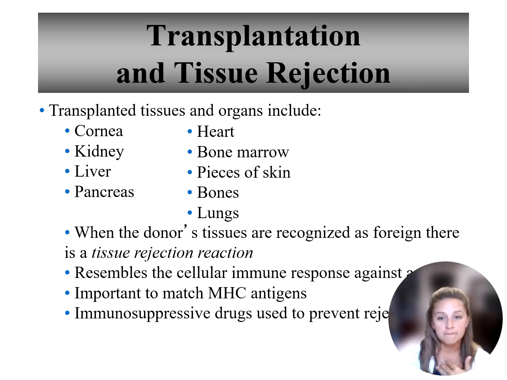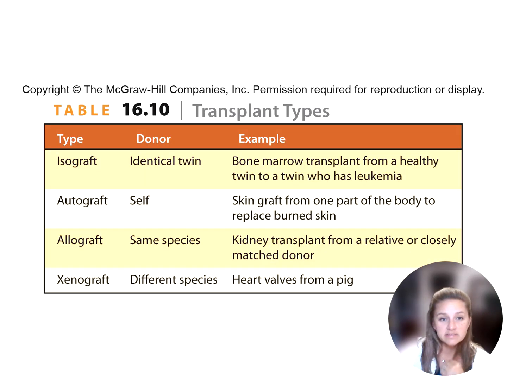Because remember, your immune system only recognizes your own cells as self and would mount an immune response to any other tissue or organs. So this is looking at the different types of transplants. Feel free to pause here and read through this.